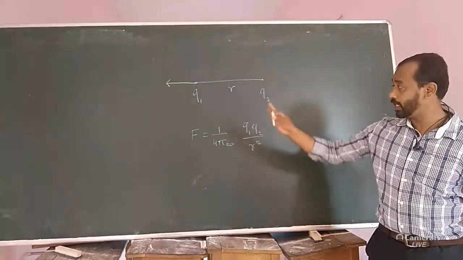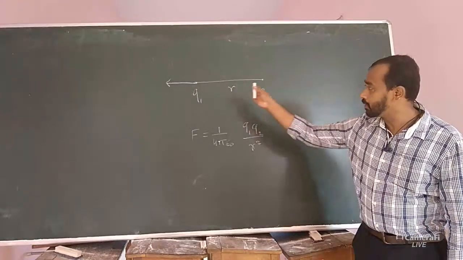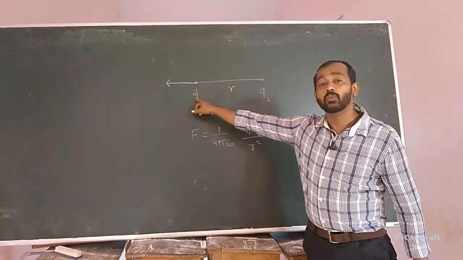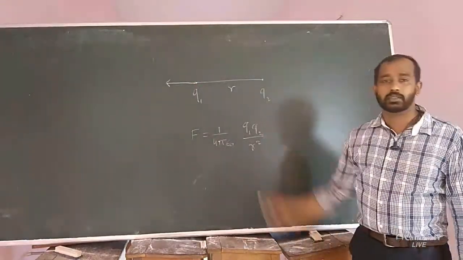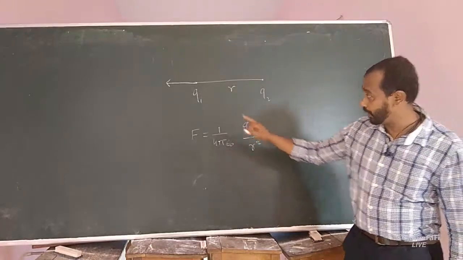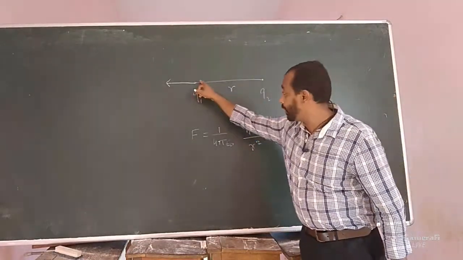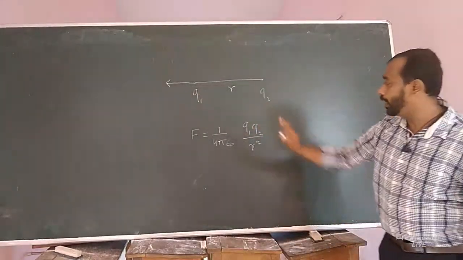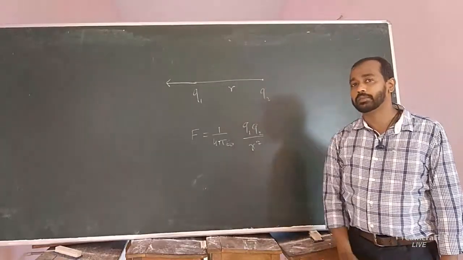If they are unlike charges, then there will be a force of attraction. Either Q1 may be positive or negative, but Q2 should be of the other kind. When there is a force of attraction, again the force will be along the same line, but towards the other charge. So this is how we have understood Coulomb's law for only two charges.